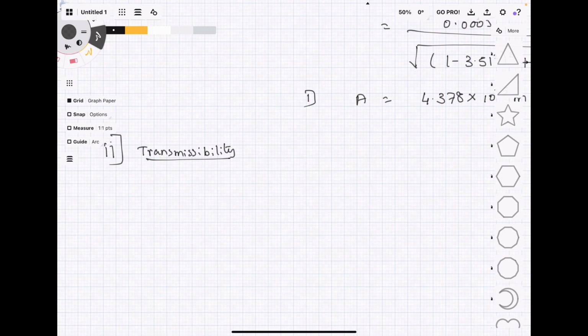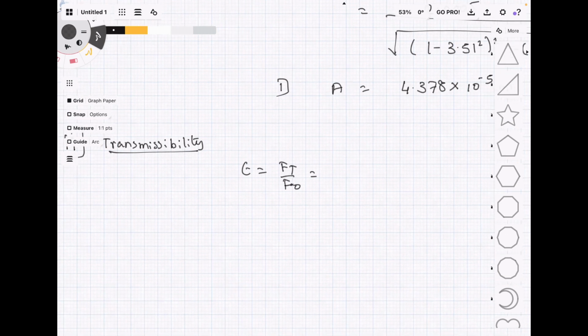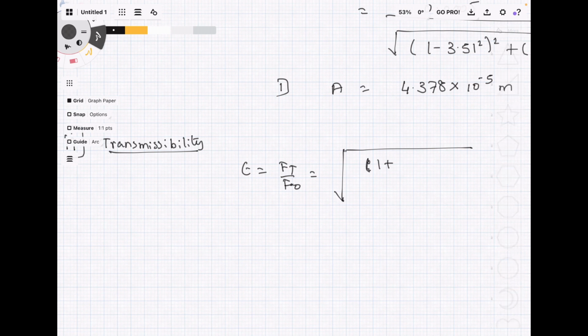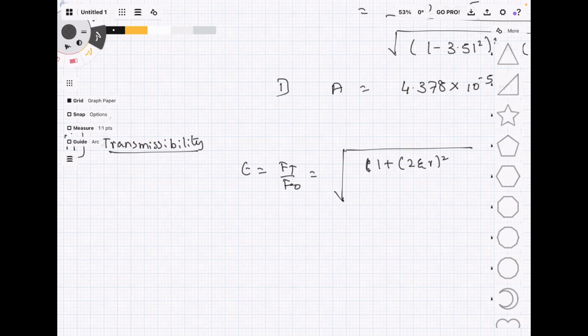So in this, we have the formula, that is epsilon is equal to ft by f naught, which is given as square root of 1 plus 2 zeta r the whole square divided by 1 minus r square the whole square plus 2 zeta r the whole square.